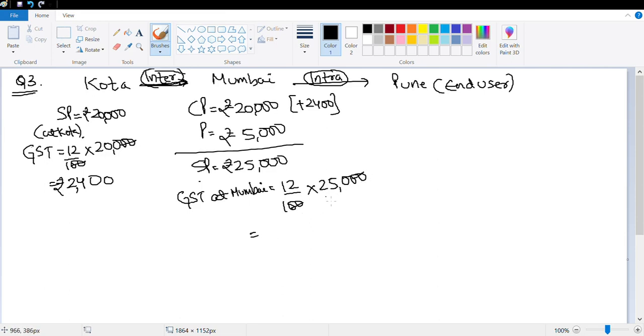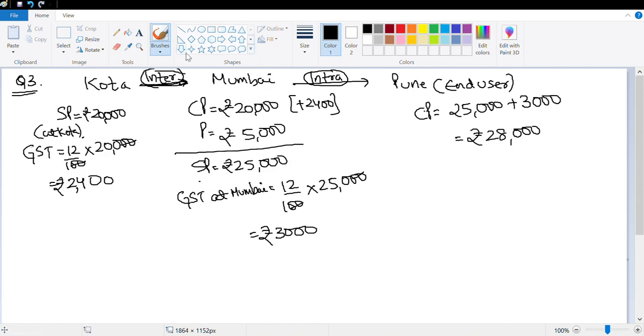That's 25 into 12, that's 300. So this is 3,000. Perfect. And what would be the CP for the buyer? The SP, which is 25,000 plus 3,000, which is rupees 28,000.